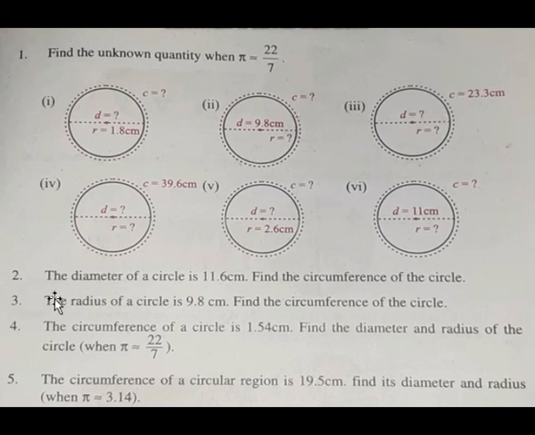I have done this question number 4 for you. Here circumference is given and you have to find out the diameter and radius. In this part circumference is given, in this part circumference is given, and in question number 5 circumference is given. So you can do all these questions by using the same procedure.